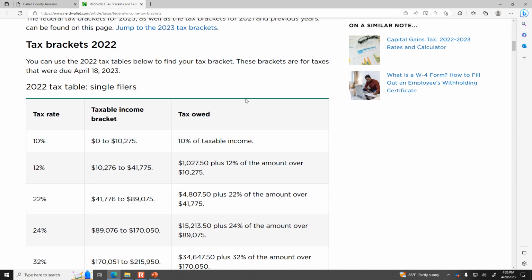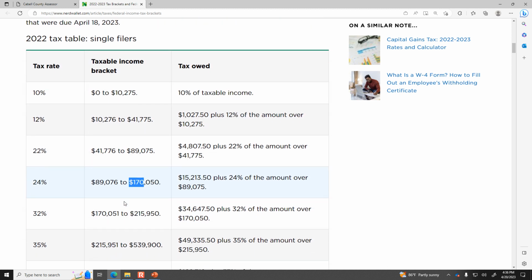So for example, if you are single, then this is the tax brackets, like 24% applies to 89,000 up to 170.